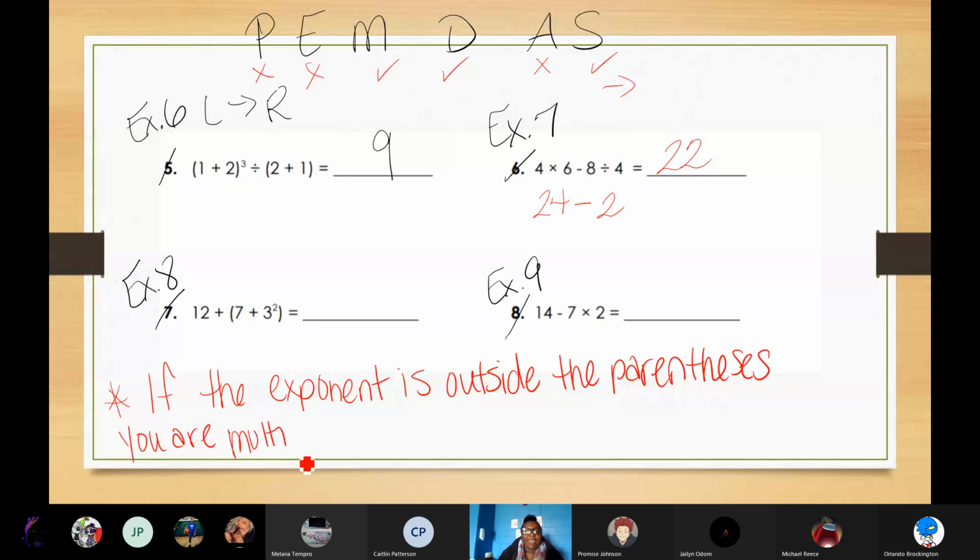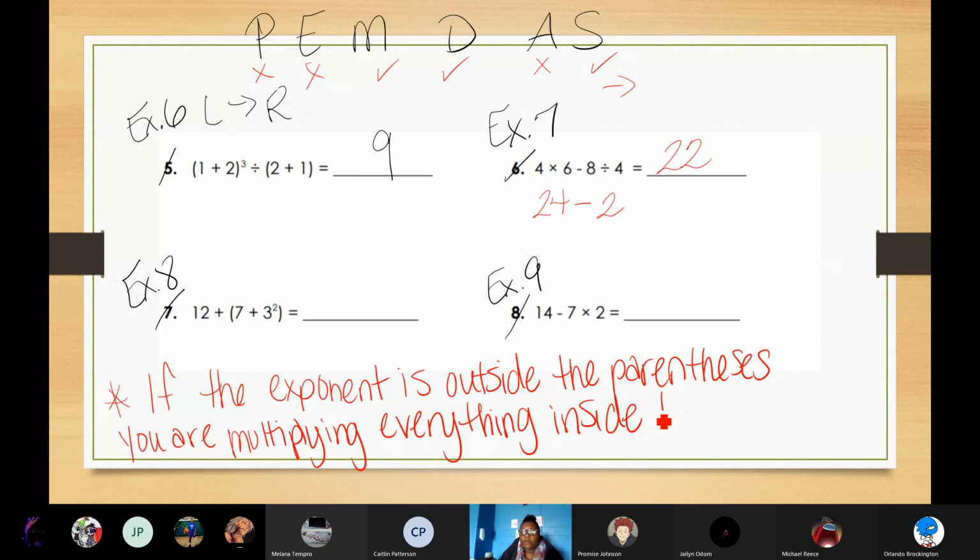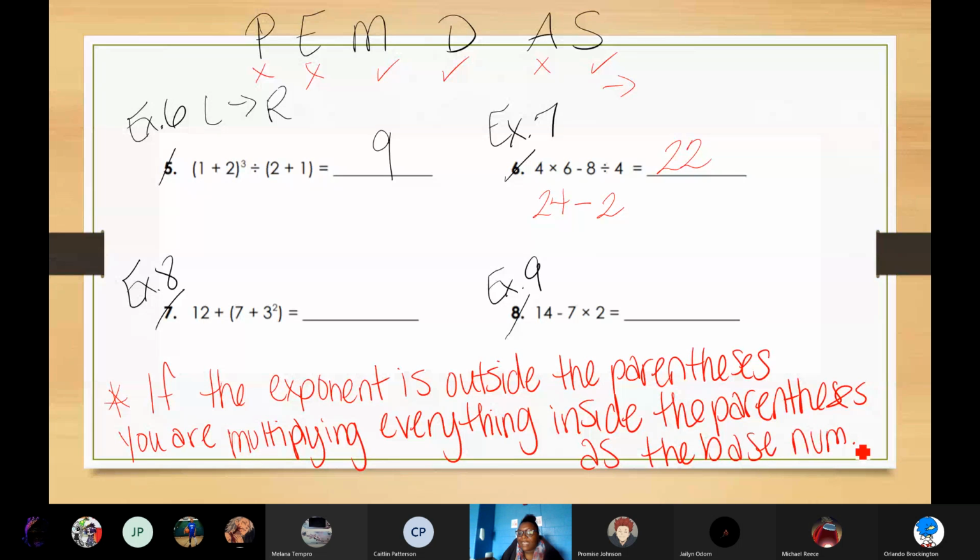You are multiplying everything inside the parentheses as the base number. So let's talk about what I mean by that, because that can be unclear here.